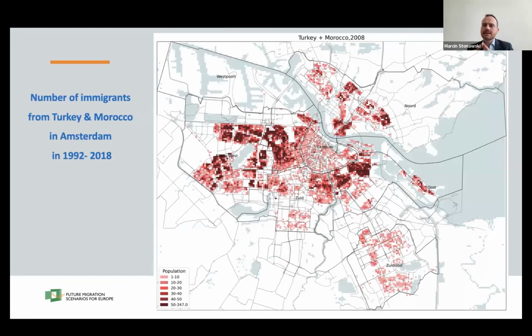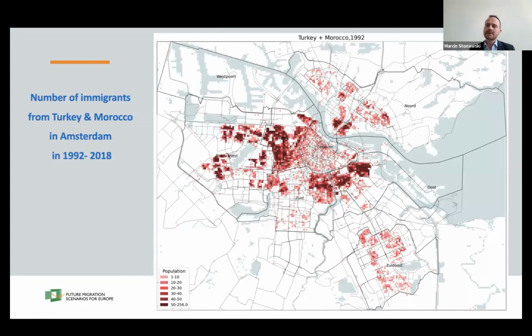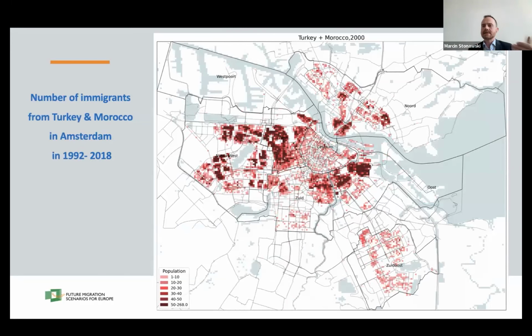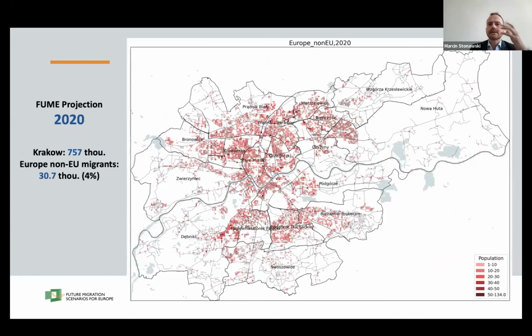They are interested, for example, in some specific groups, and because of our approach from the perspective of country of birth, we can actually deliver specific information about the specific groups. And this is an example of our projections.